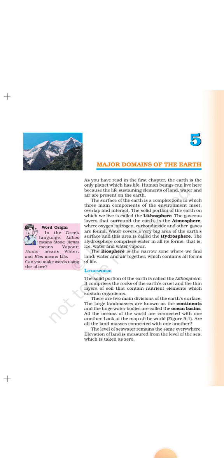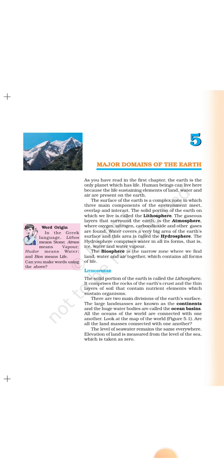So, there are four domains. The main domains are the lithosphere, atmosphere, and hydrosphere, and each is interconnected with the biosphere. In the Greek language, lithos means stones, atmos means vapor, hydro means water, and bios means life. The lithosphere is the solid portion of the Earth.